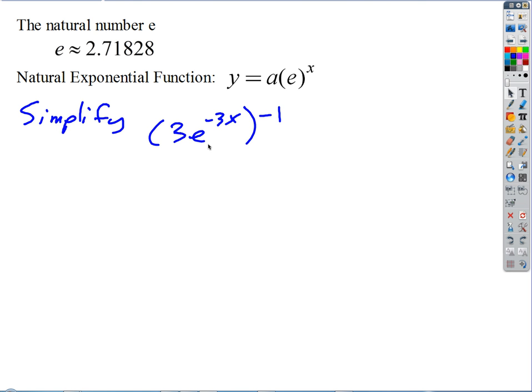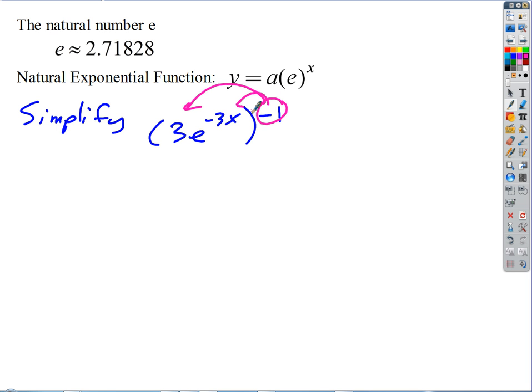So I'm going to use my properties of exponents. If I take a product of two things, 3 and e to the negative 3x, all to the negative 1, what does my property of exponents tell me I do? What do I do with that negative 1 power? Distribute it, sure. I'm just going to distribute that through.